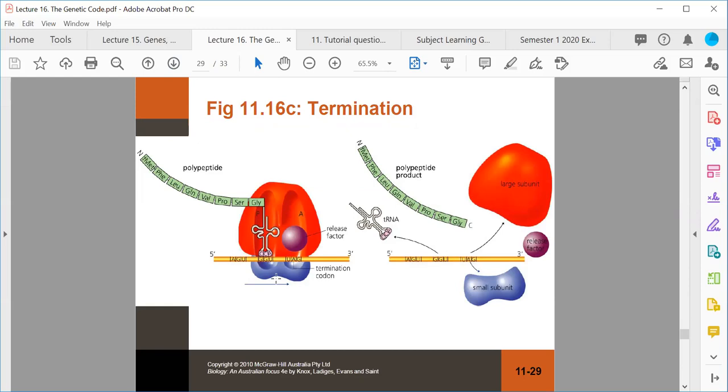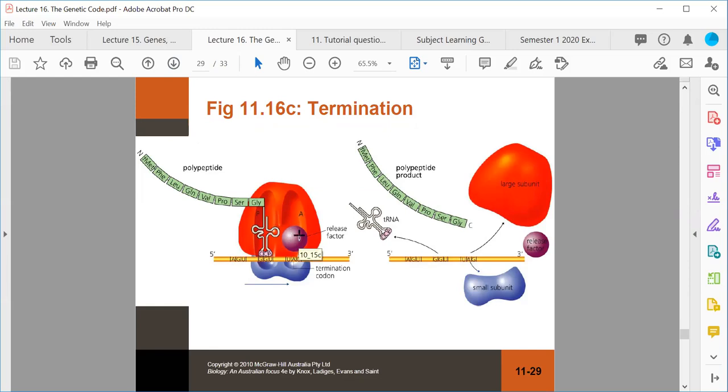So the ribosome has moved along the messenger RNA until the stop codon or termination codon is positioned in the A pocket here. There is no transfer RNA molecule for this particular codon. So these release factors will then come into play.